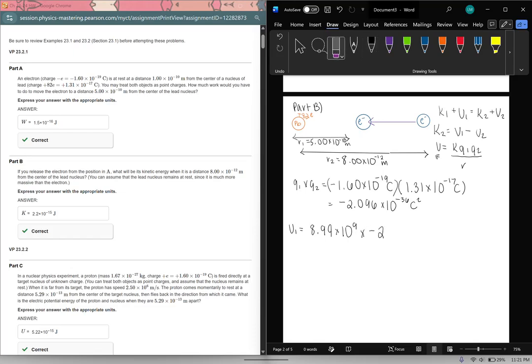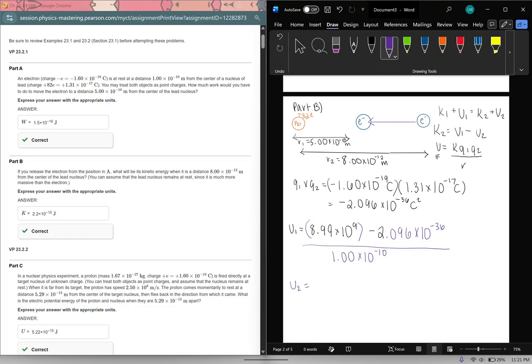Let me just erase that, it was confusing. And then we can also write down the second potential energy.